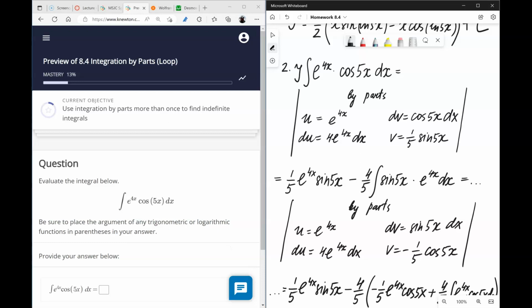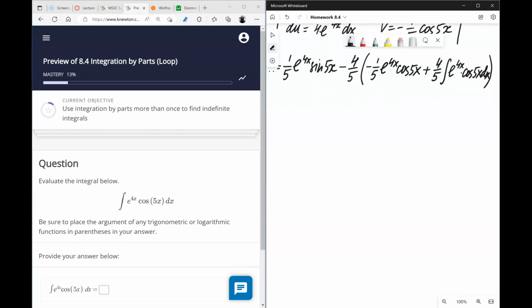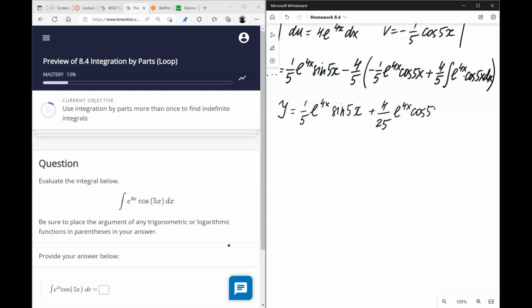So if I let the original integral be J, then what I really have here is J equals 1/5 e to the 4x sine of 5x, now I'm going to start distributing, plus 4/25 e to the 4x cosine of 5x.